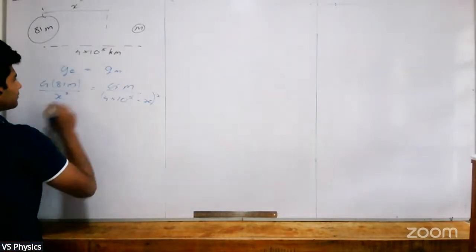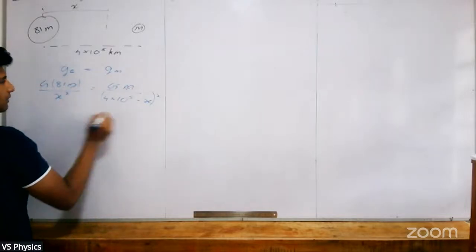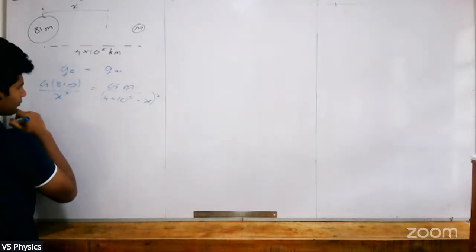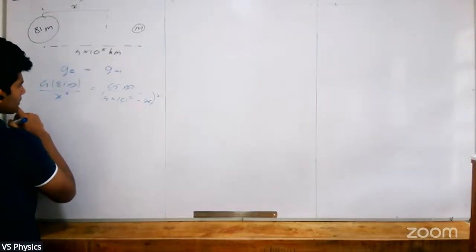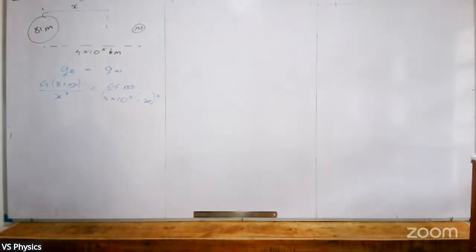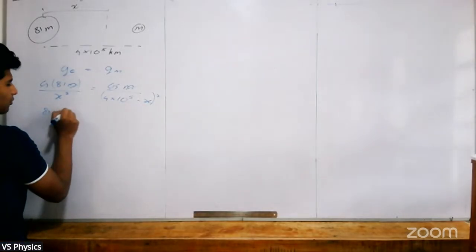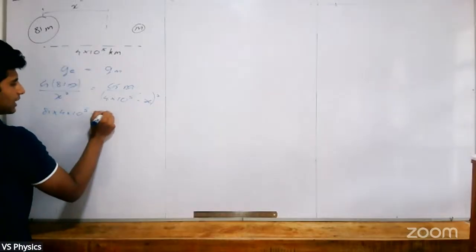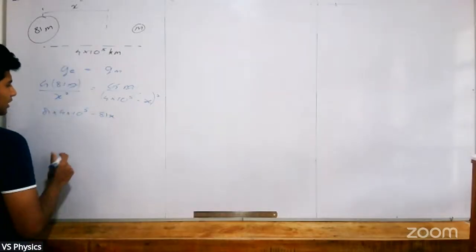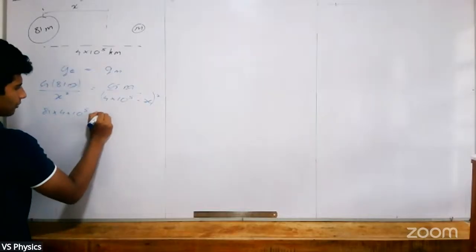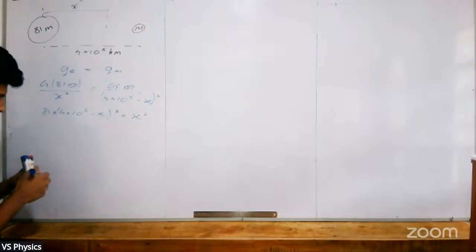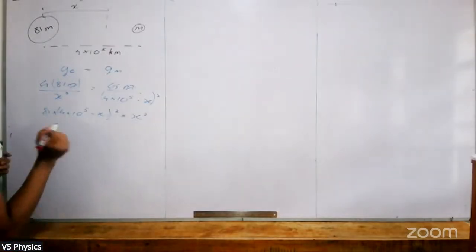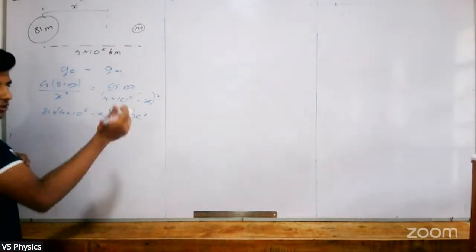G cancels out, m can also be cancelled. We get 81 times (4 times 10 to the power 5 minus x) square is equal to x square. Then we can square root both sides.